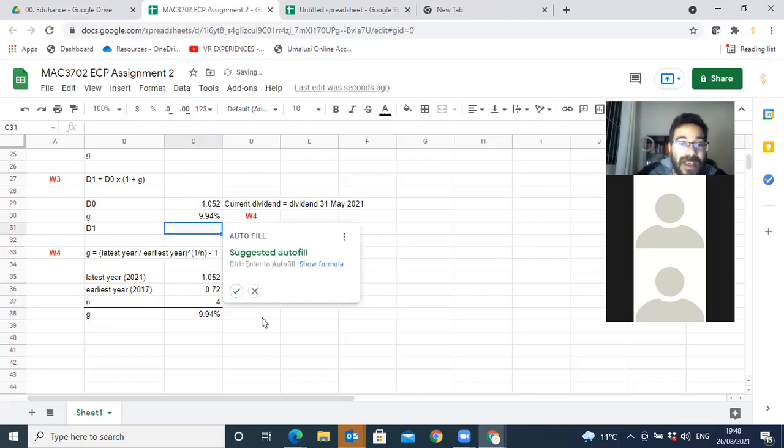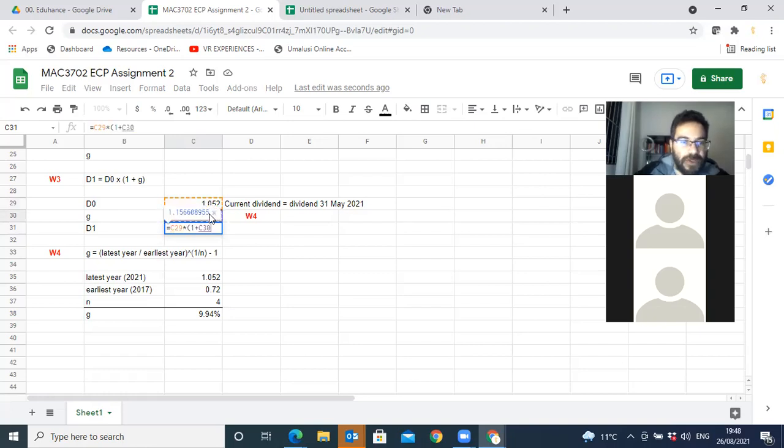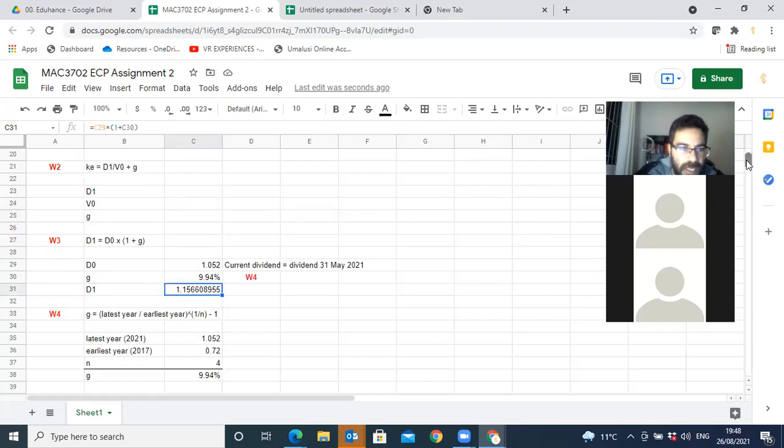So now I can calculate D1. D1 is equal to D0 multiplied by 1 plus the growth rate. So the dividend of next year is whatever that number is, 156. Now I can plug it in.